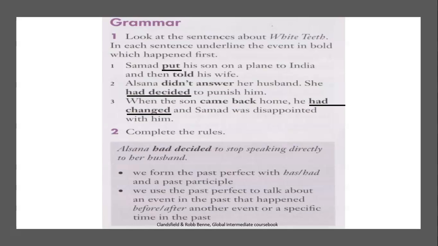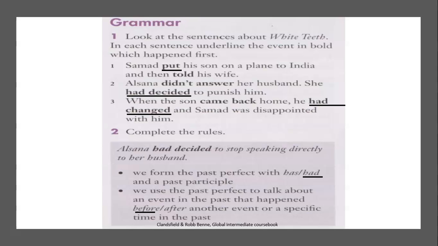Okay, ready? So we form the past perfect with had and a past participle, right? So you can see, for example, Alsana had decided to stop speaking directly to her husband, or he had changed and Samad was disappointed. And the second rule, we use the past perfect to talk about an event in the past that happened before another event or specific time in the past.